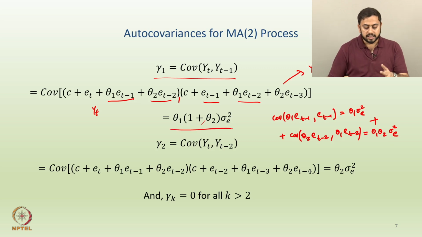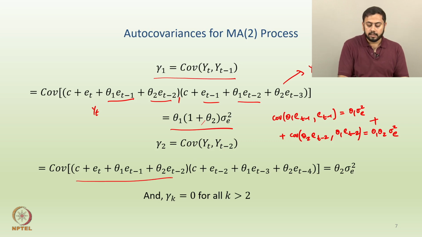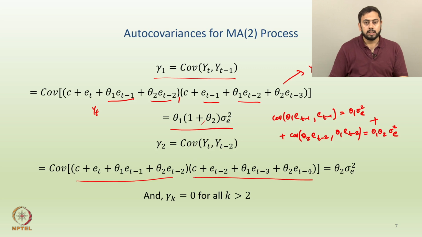Okay. Now extending this to one further lag. So let us say gamma 2. So what exactly is gamma 2? Gamma 2 is nothing but covariance between yt and yt minus 2. So this entire thing is yt and this entire thing is yt minus 2. So again the same logic. Wherever you see same subscripts, they contribute to the variance, and if the subscripts are different, they contribute 0.